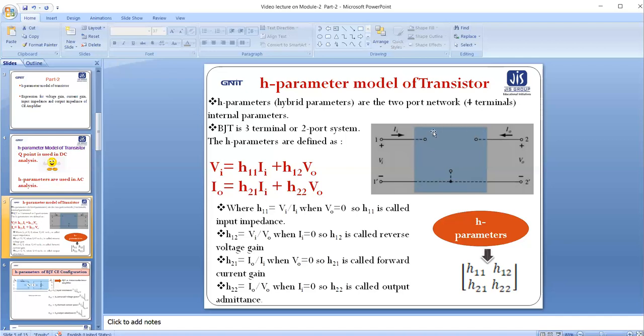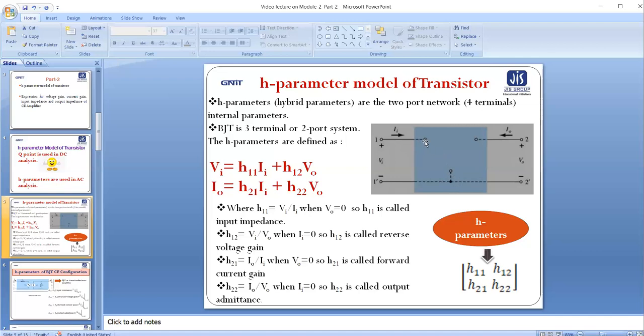If you imagine a BJT in the blue color box, this is the base and this is the emitter, so this becomes the input side. This is the collector and this is the emitter, which is signified as the output terminal. Similarly for common base, the common terminal is the base.